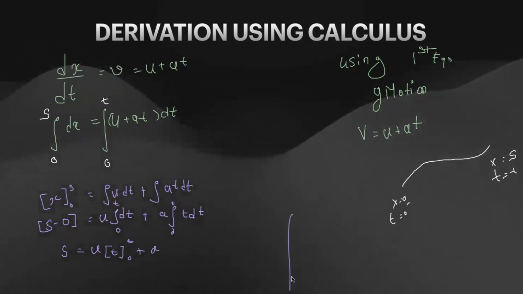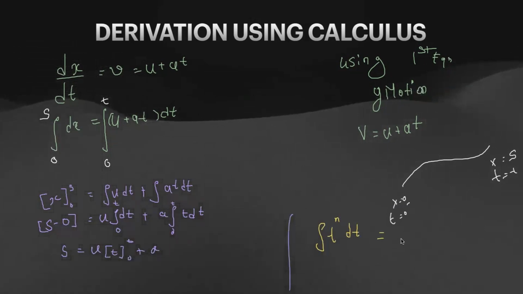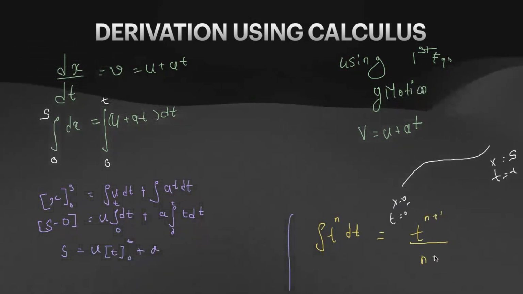Now, important formula: what is the formula of integral t to the power n dt? It is t to the power n plus 1 divided by n plus 1. Here n is 1.